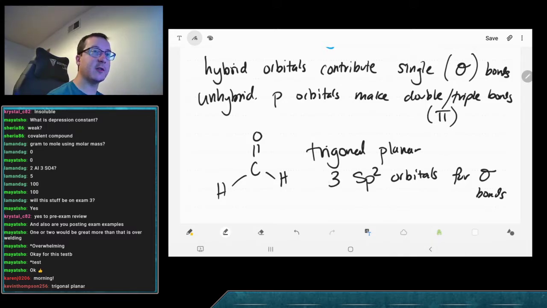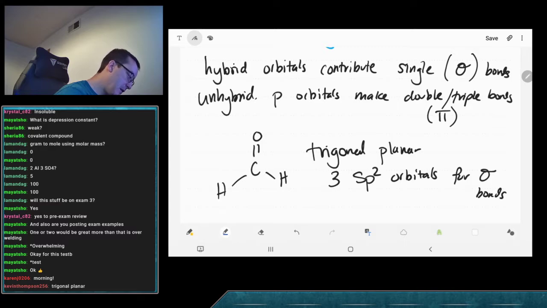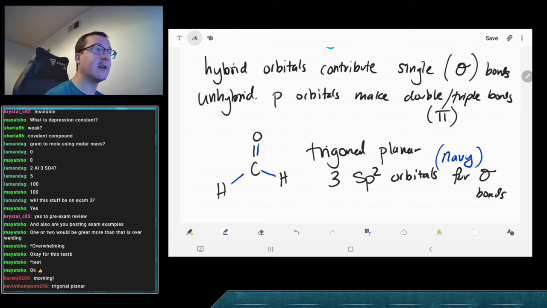Which ones do we think those are going to be? Well, I guess that's going to be kind of hard for you to answer. I'm going to do them in blue. We're going to see that these single bonds and one of the bonds to oxygen are going to be in this navy color. Those are going to be the bonds made by our hybrid orbitals. Remember that hybrid orbitals are going to make our single bonds. Anytime we have a double bond, we're going to have to add on some pi orbitals.